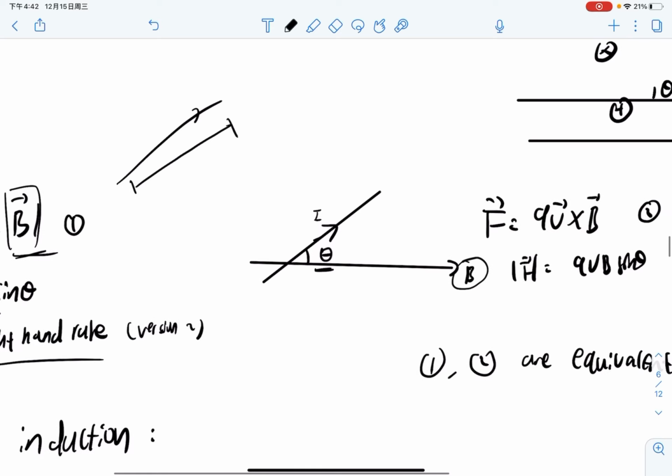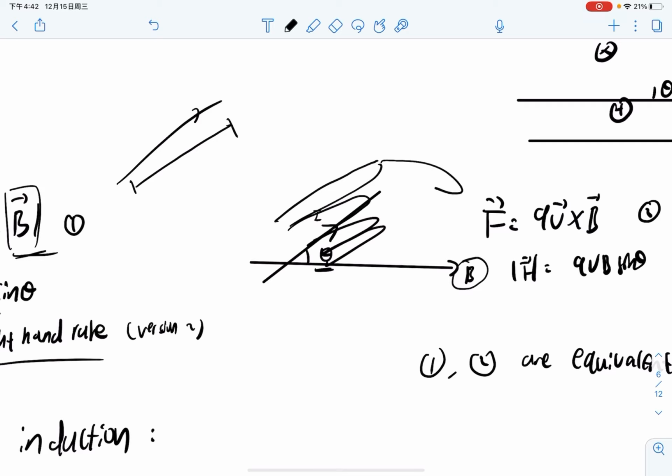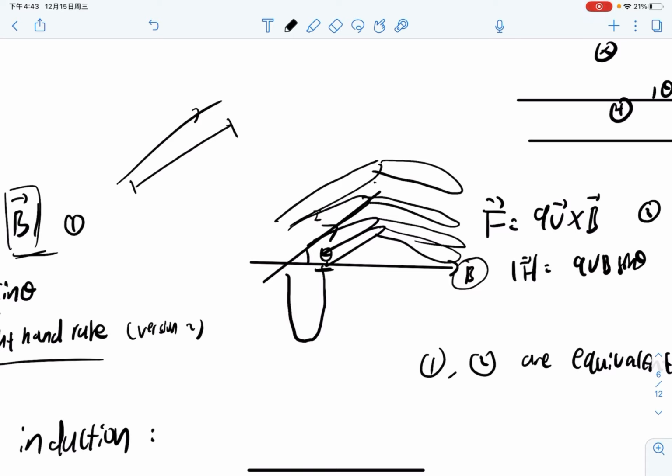What I mean by this is that this is the direction of your palm, and you use your fingers and fold it to the direction of the magnetic field, and you can see that the thumb is just going down. So this is the direction of the resulting force.